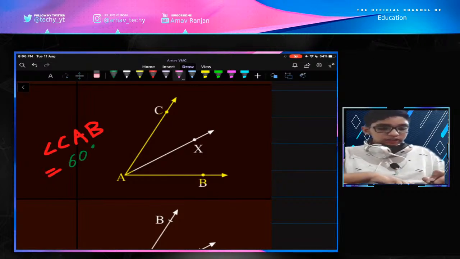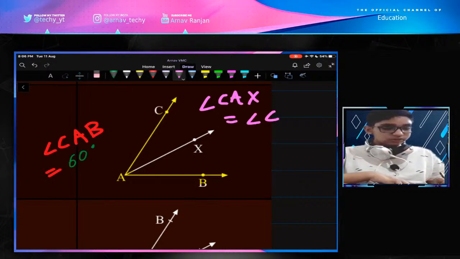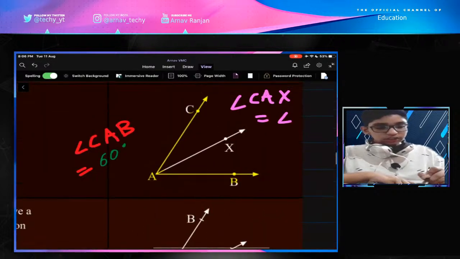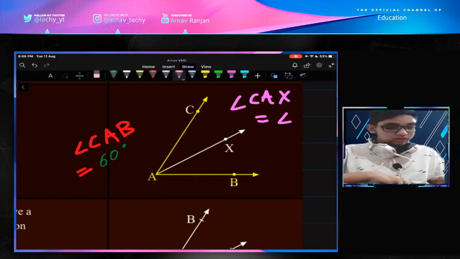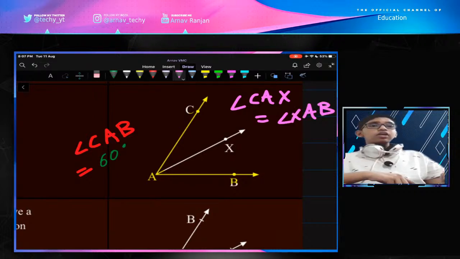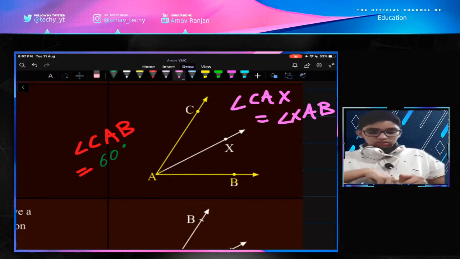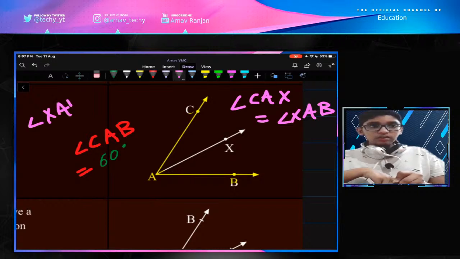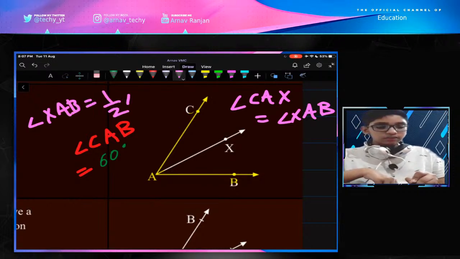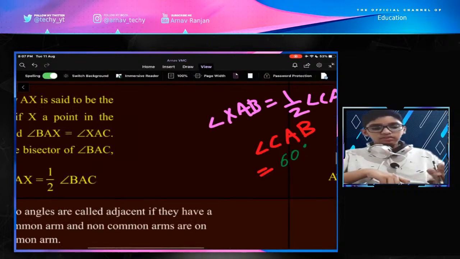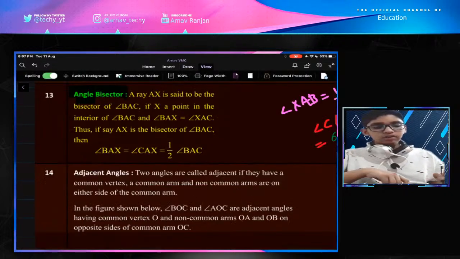It means that angle CAX is equal to angle XAB, and this also means that angle XAB is equal to half of angle CAB. This is the meaning of angle bisector.